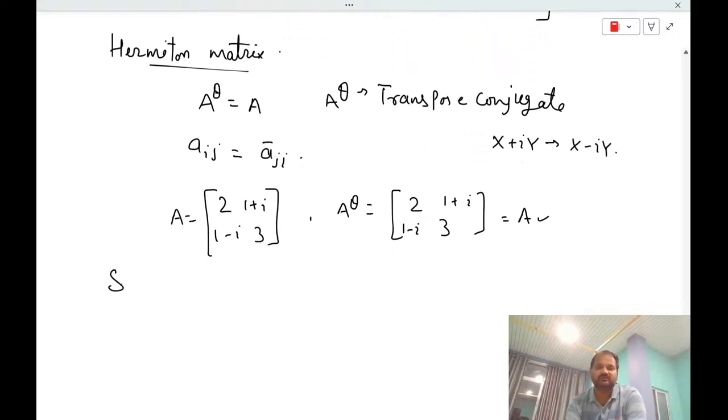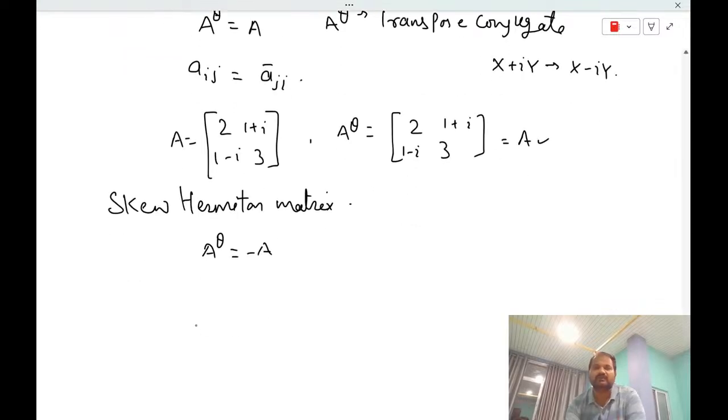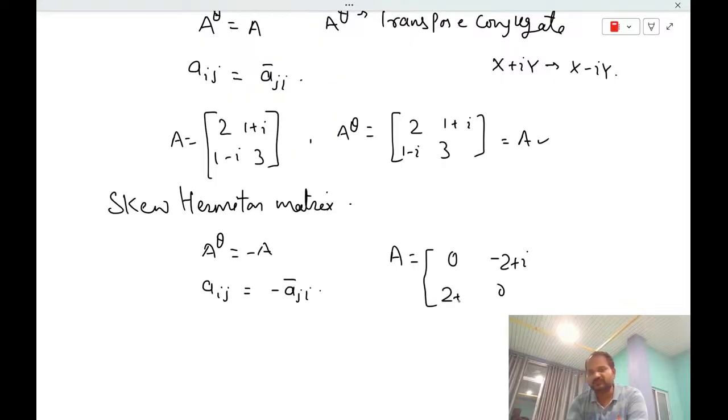Now the next one is the skew Hermitian matrix. What is the skew Hermitian matrix? It is the one with the minus sign: A to the power theta is equal to minus A. So in that case, aij will be equal to minus a bar ji. Take the example of A equal to 0, 0 and minus 2 plus i, and here 2 plus i.